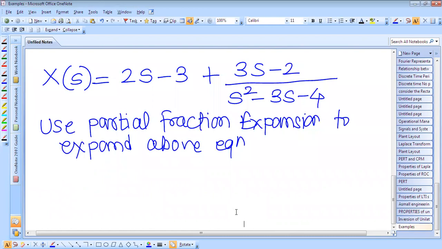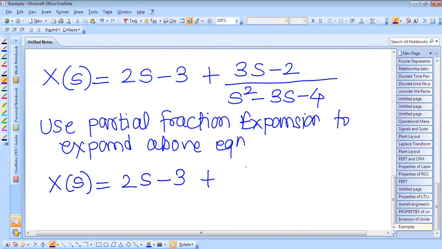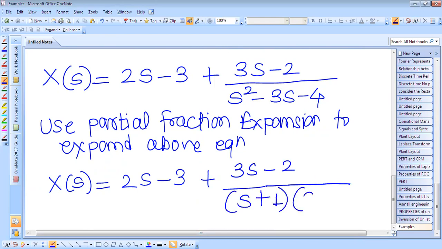So we can write X of s is equal to 2s minus 3 plus, first we write 3s minus 2, and the factors of the denominator are s plus 1 and s minus 4.